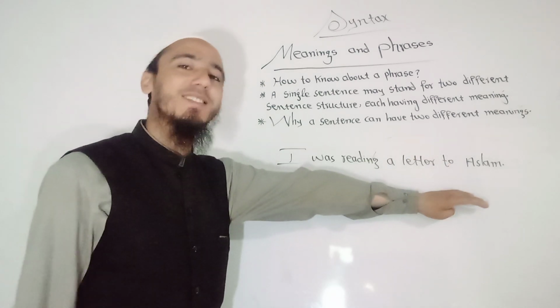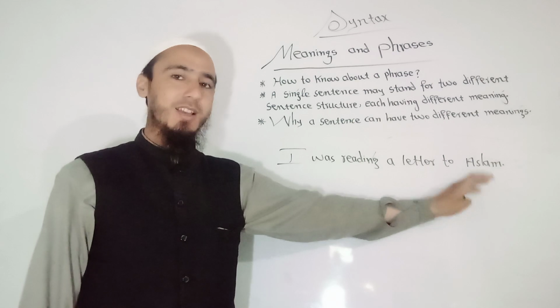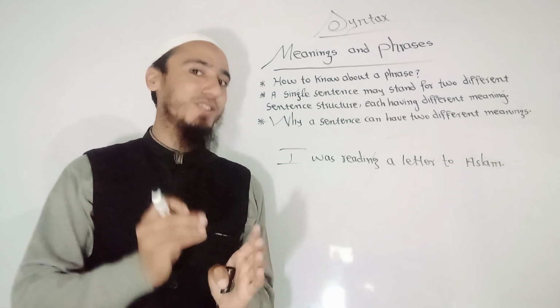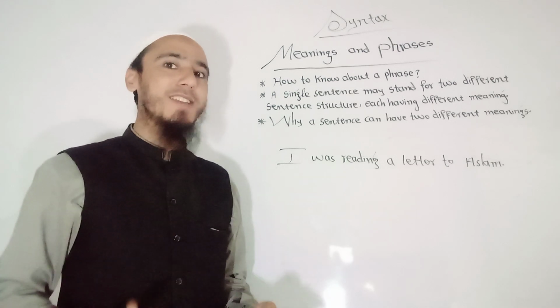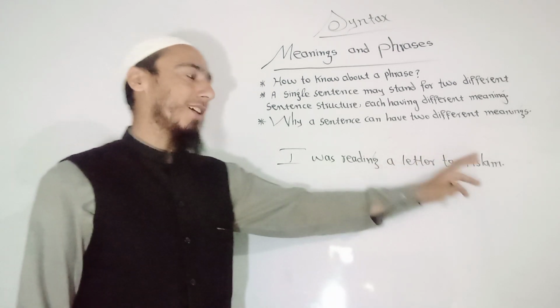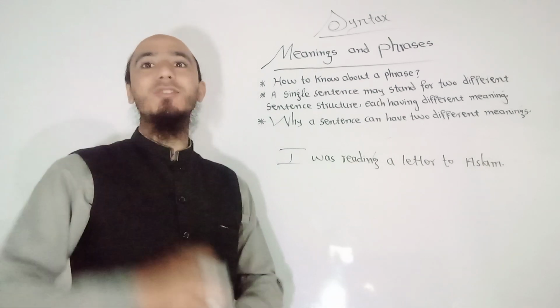The one meaning is that I was reading a letter to Aslam. It means that the letter was sent to me and I was reading it to myself, and Aslam was with me, so that's why I was reading loudly to him.